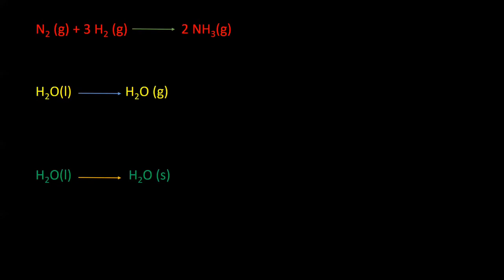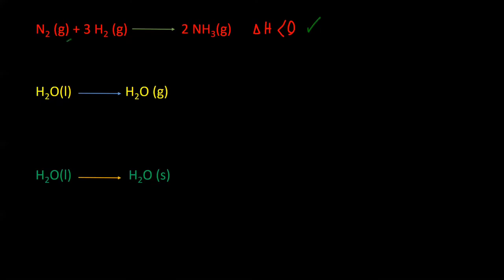This reaction, N2 plus 3H2 gives us 2NH3. Delta H of this reaction is smaller than 0. So as you can see, delta H is in favor of reaction. But let's look at the entropy.